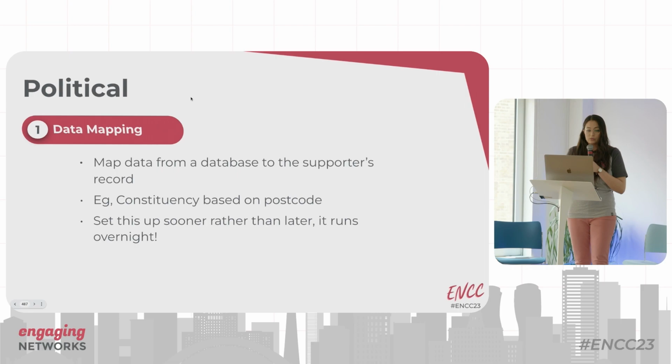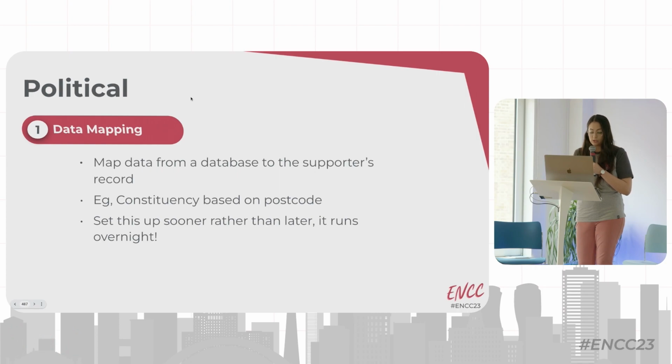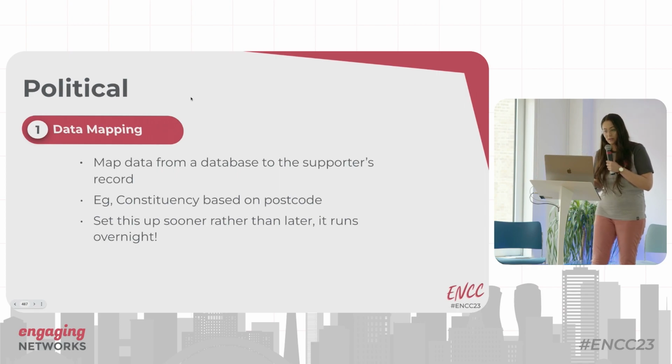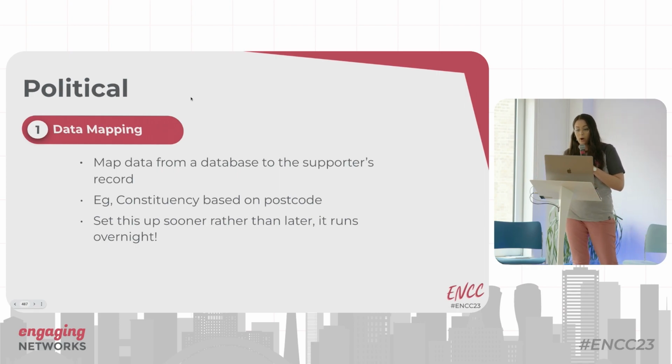So this is useful for when you want data from a database to be populated into the supporter's record, and then you can query based on that data and extract your supporters based on that data. Also just a reminder that this runs overnight, so I get a lot of support calls saying, oh, I need to send an email today and it needs to be based on constituency, and unfortunately then you have to delay your email because you won't be able to map the constituency until tomorrow.